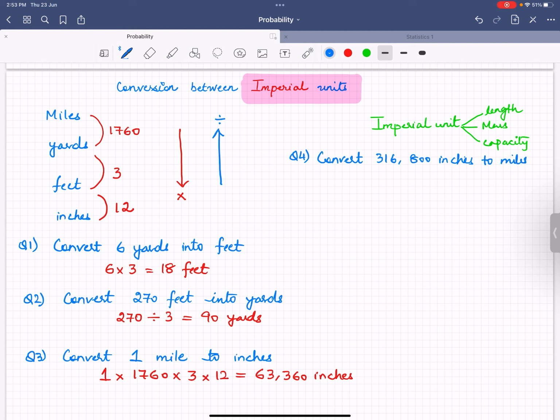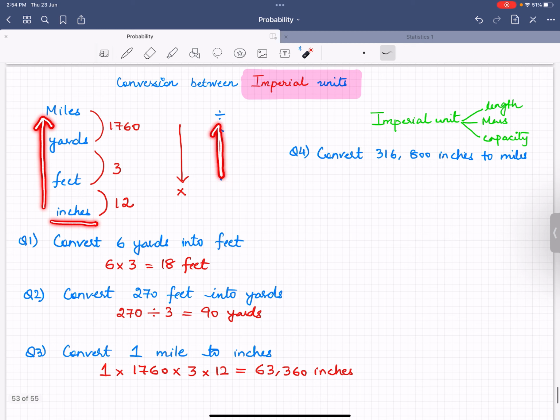Now we are going from inches right up to miles. Now when we go up, we need to divide. By what number should we divide? We need to divide by all of these numbers because we are going from inches right up to miles. Once again, when we go up, we divide. So we need to divide by all these numbers as we are going 3 steps up. So let's do the answer.